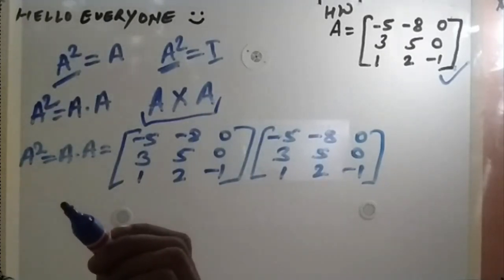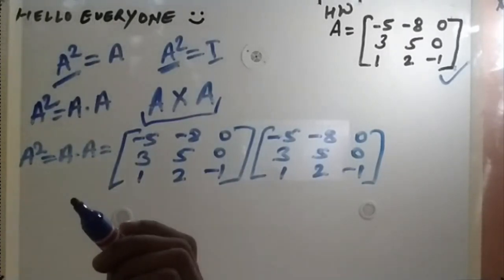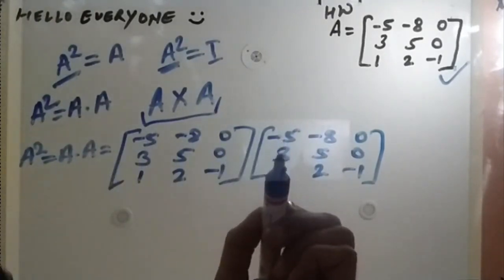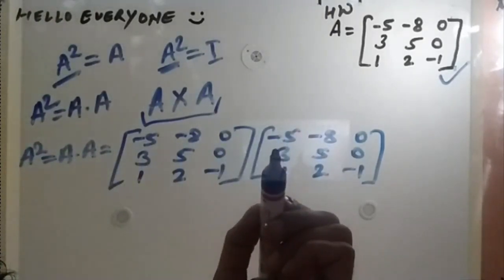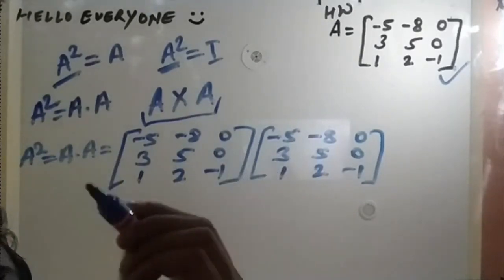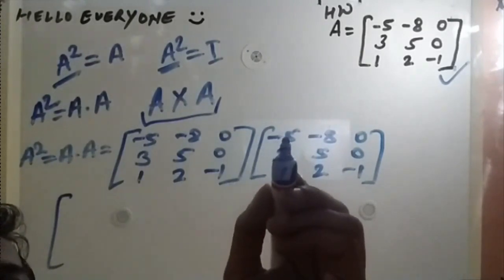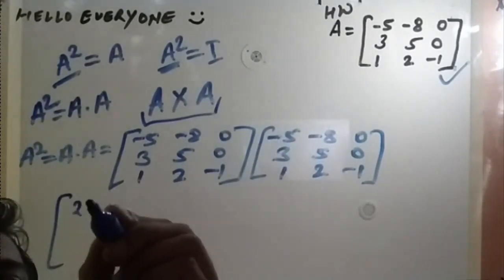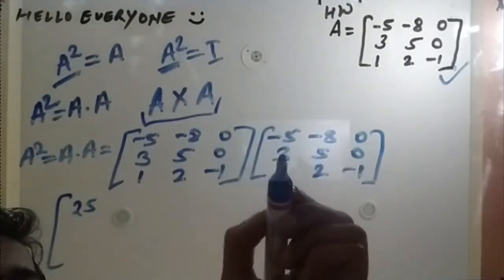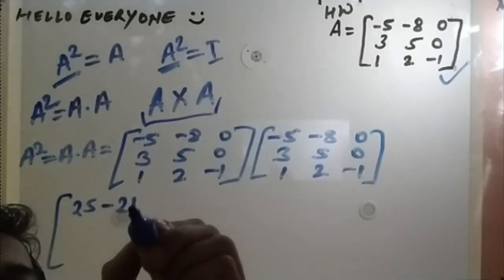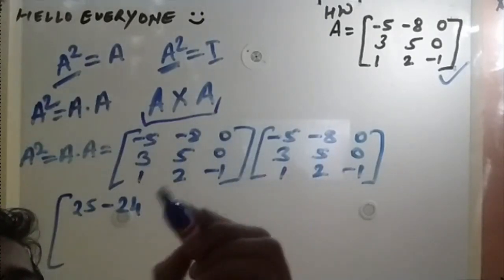For the first element, we'll go along the first row of the pre-multiplier matrix and the first column of the post-multiplier matrix. So here it is. Minus 5 times minus 5 will give us 25. Minus 8 times 3 will give us minus 24. And 0 times 1 will give us 0.